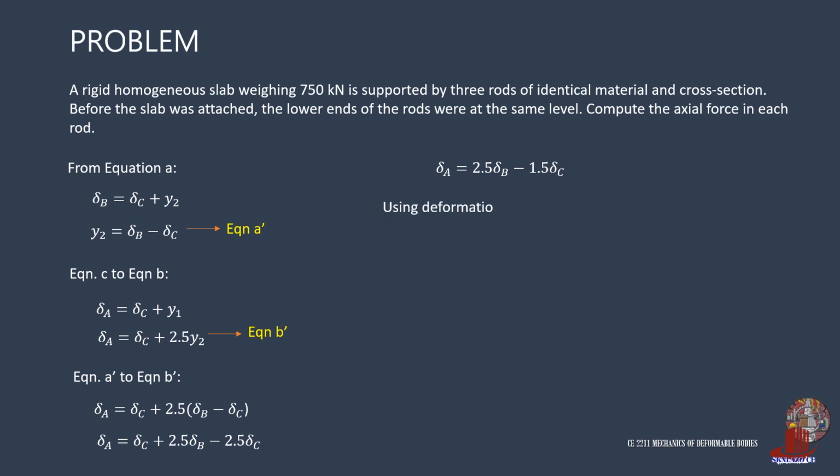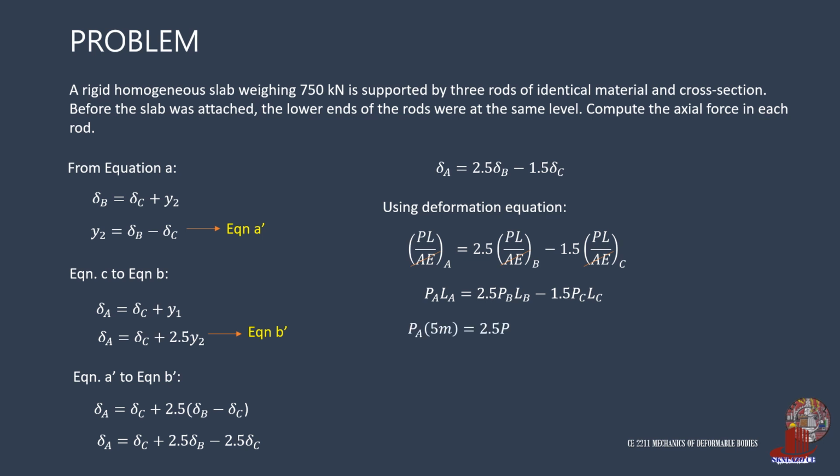Next in the process is to convert deformation into loads, so use PL over AE for deformation. Take note that the area and the modulus of elasticity are identical, so they can be cancelled out, creating a simplified equation of PL of A as equal to 2.5 times PL of B minus 1.5 times PL of C. Plug in the lengths where length at A is 5 meters.